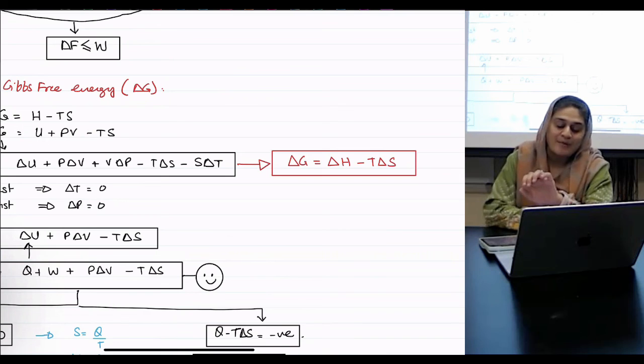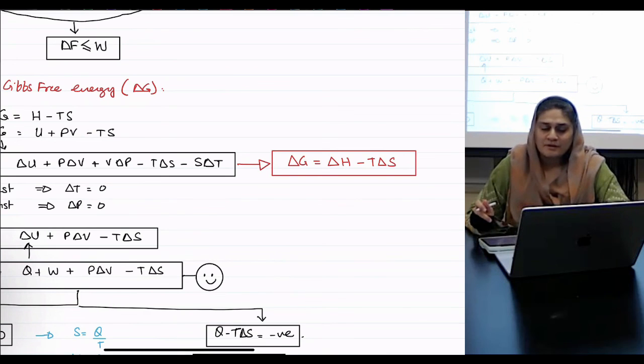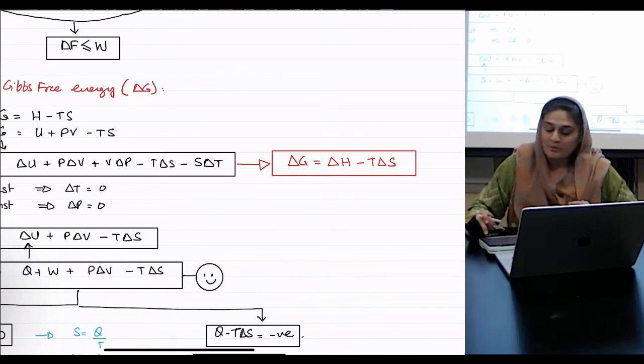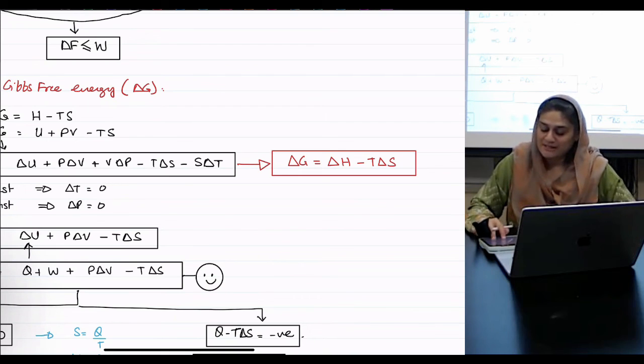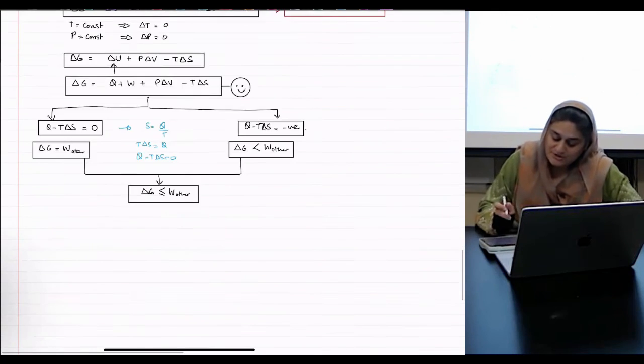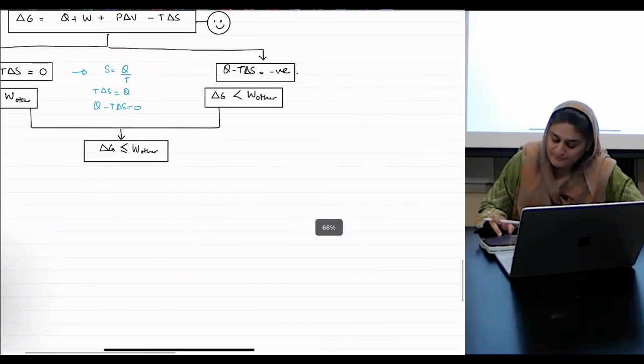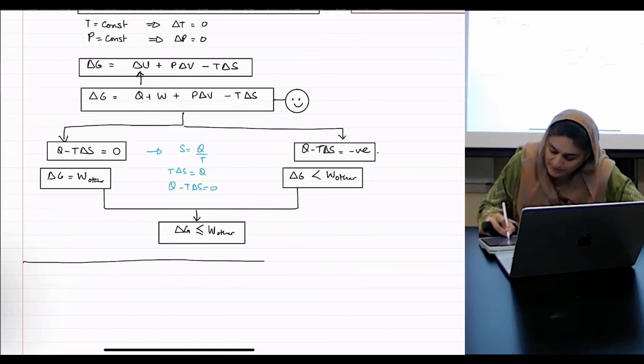Now, how does this help us when we're talking about chemical reactions? So guys, in chemistry, this is going to seem familiar to you guys.